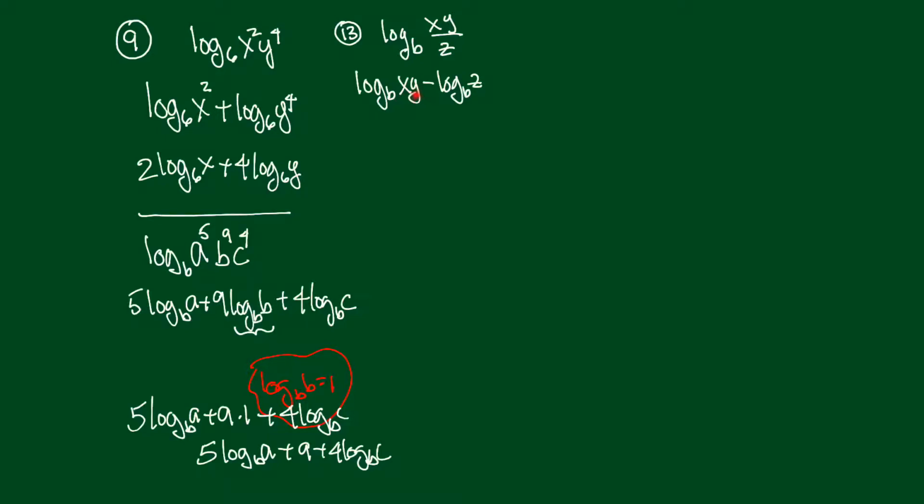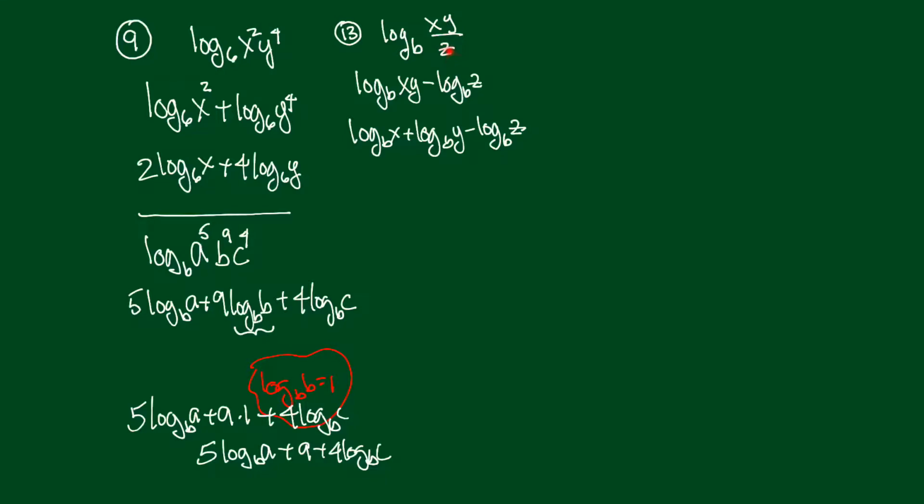But then what do you see right here? You've got the log of a product, so I can stretch that out into a multiplication and write it like this. The log base b of x plus the log base b of y minus the log base b of z.